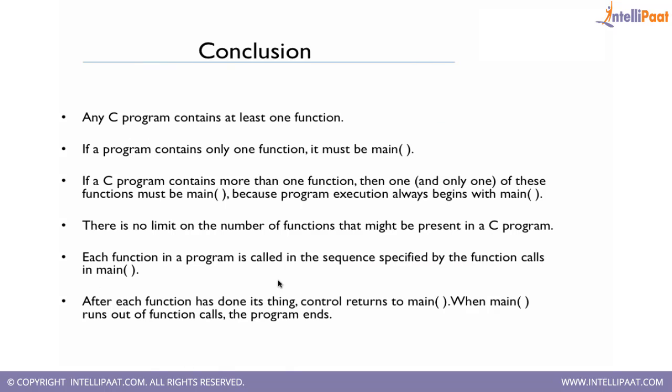Each function in a program is called in the sequence specified by the function calls in main, which we have just covered. After each function has done its work, control returns to main. When main returns, the program ends. So each function returns the control to main.